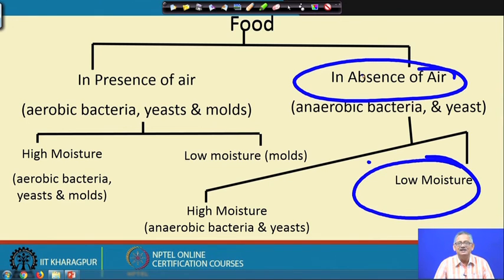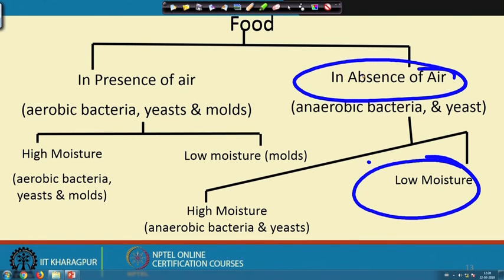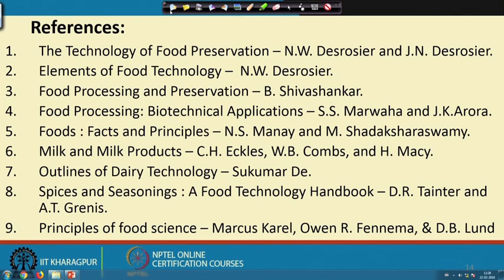But ideally we can say that this is the situation where food materials can stay for a very, very long period, right. So, I told you the other day that I will give you the references. These are some of them: Technology of Food Preservation by N.W. Desrosiers and J.N. Desrosiers, Elements of Food Technology by N.W. Desrosiers, Food Processing and Preservation by Shiva Shankar, this is Indian.